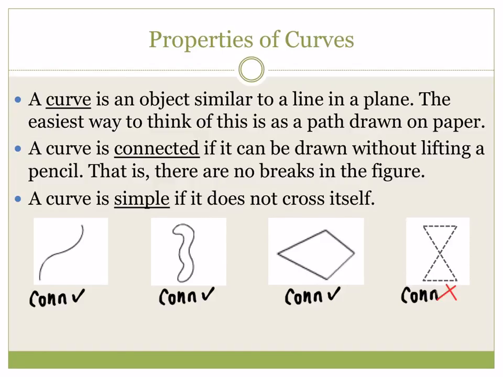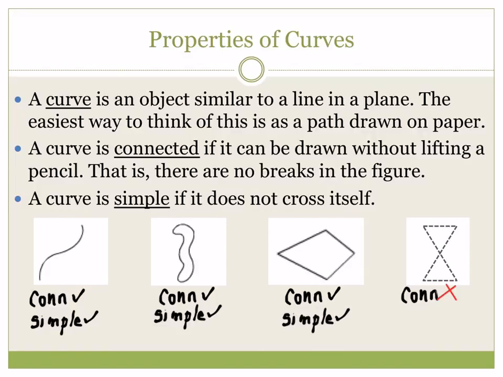All right, another description that we can talk about when we talk about curves is the curve being simple. A curve is simple if it does not cross over itself. So, the first object, is it simple? Yes, it is. How about the second one? Yes, it is. The third one? Yep, also simple.